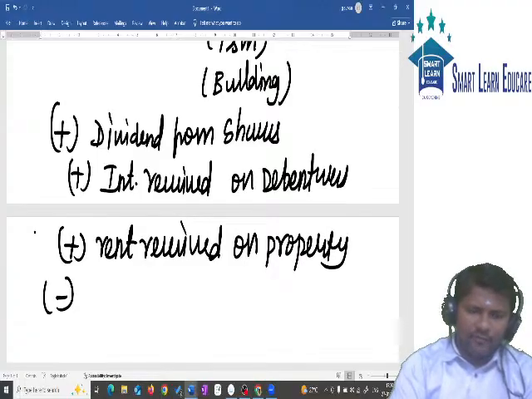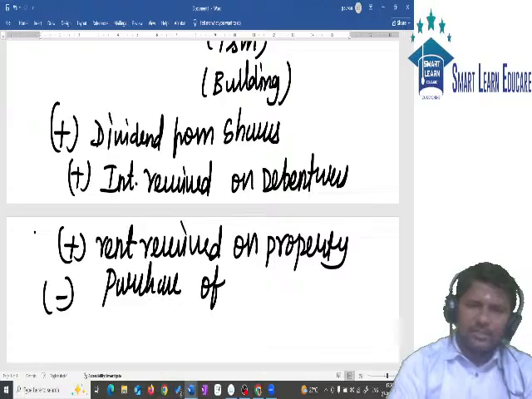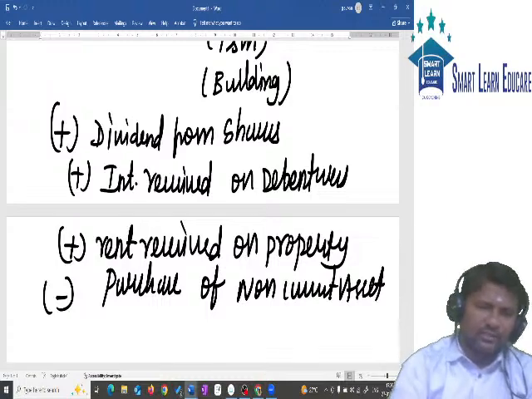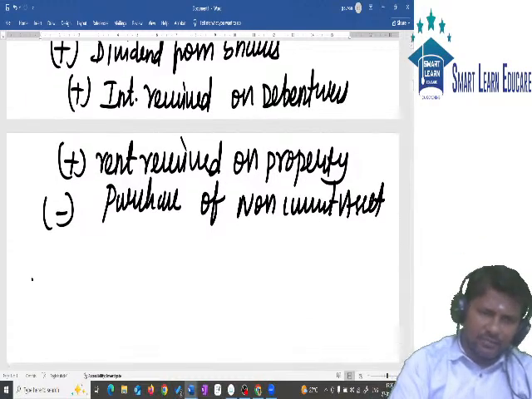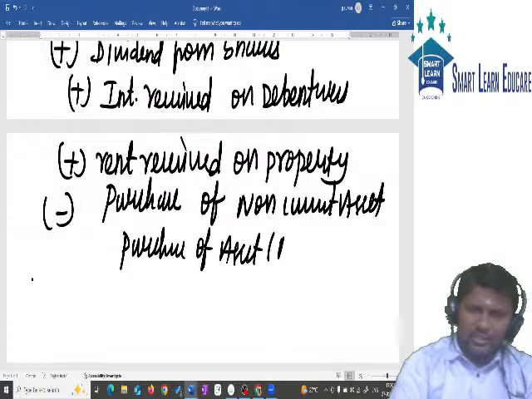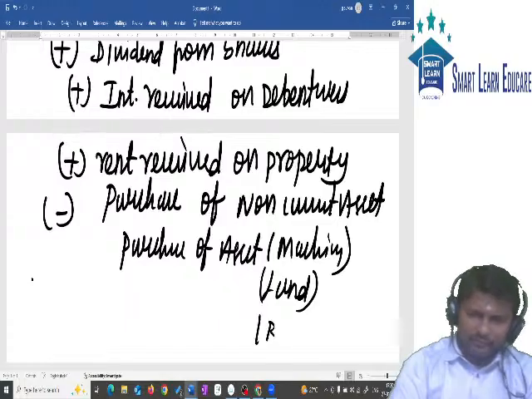Minus outflow of cash, minus purchase of non-current asset. That means purchase of machinery, a simple purchase of an asset like machinery, land, building.